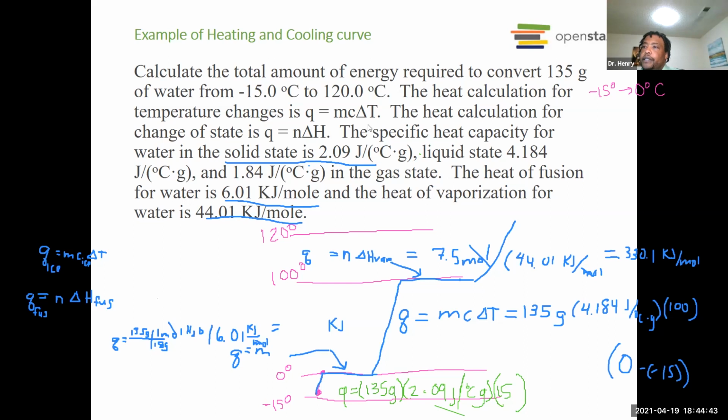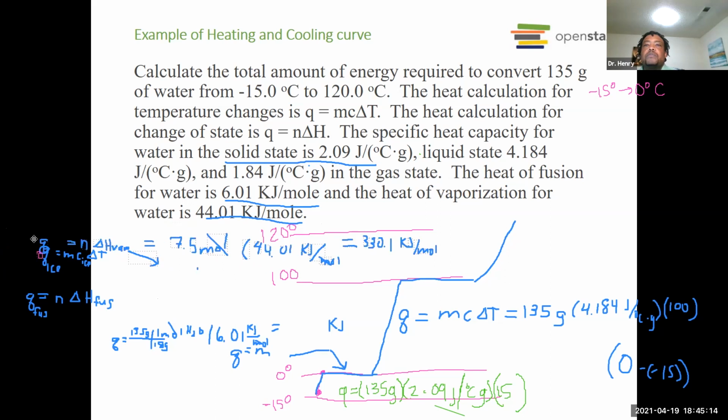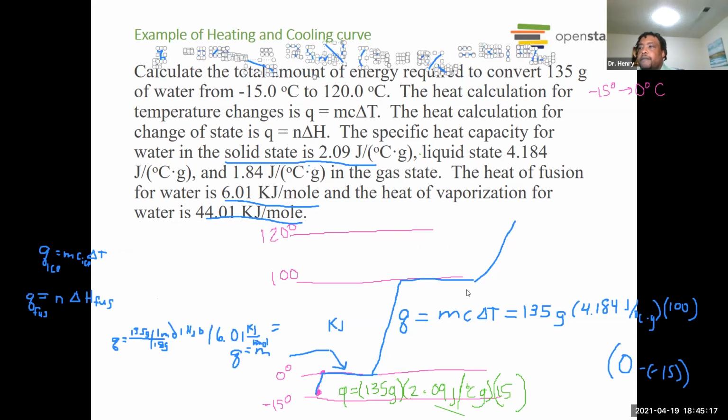Let me move this out of the way. Okay, so how do I calculate this from going from 100 to 120?